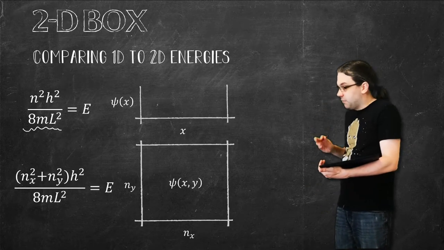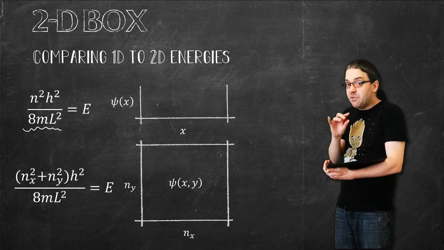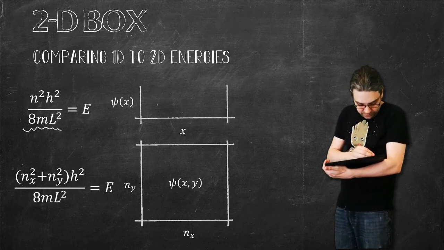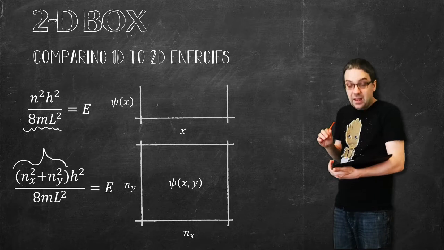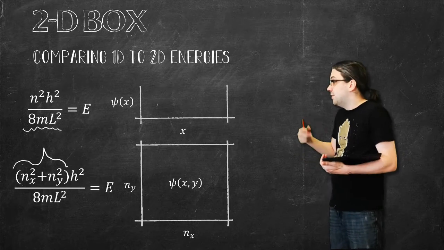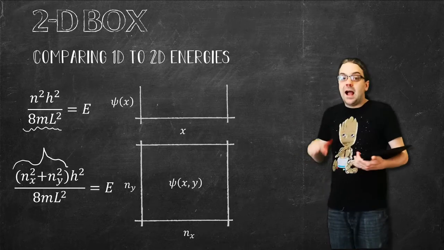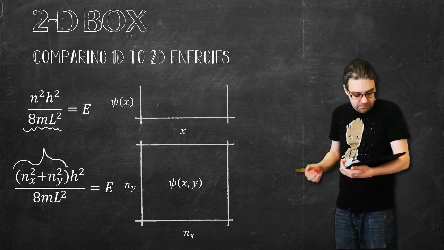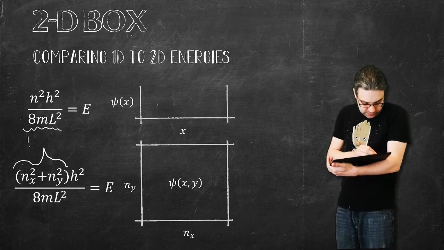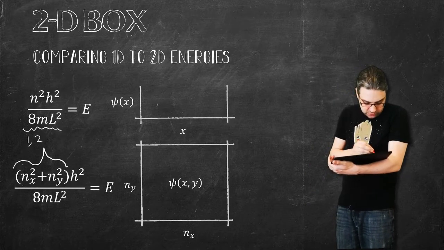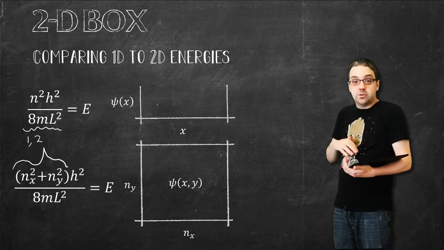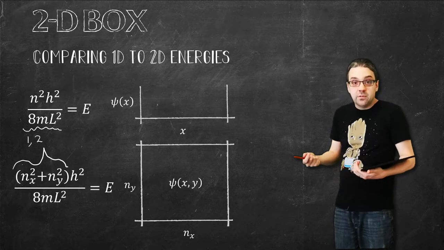If we do the same derivation in 2 dimensions, we get a very, very similar formula, except here we have n squared plus n squared in the x and y directions. And that's an interesting idea because we could have one n equal to 1 and the other equal to 2. And 1 squared plus 2 squared is 5.